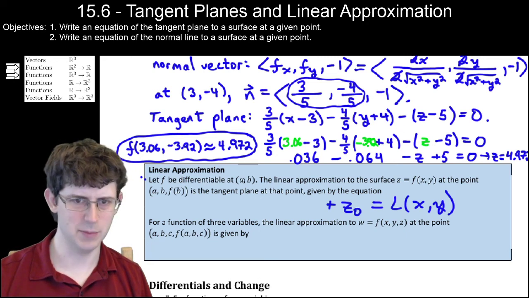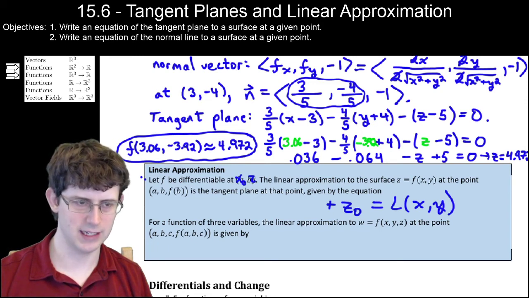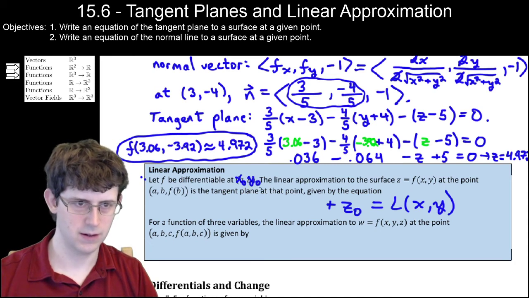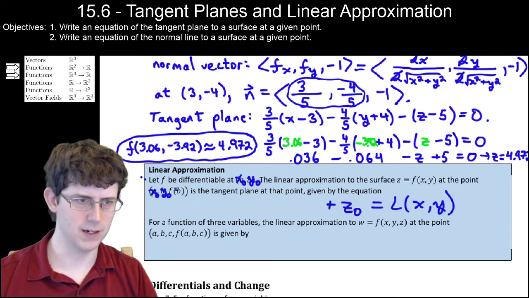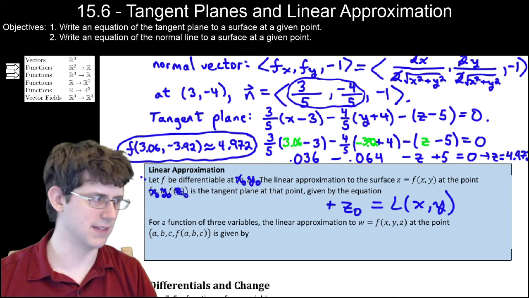I don't like this AB stuff. It's kind of baby language. The base point is x0, y0. And then this should be x0, y0, and f of b is wrong. Okay, so just change this if you have this printed out.